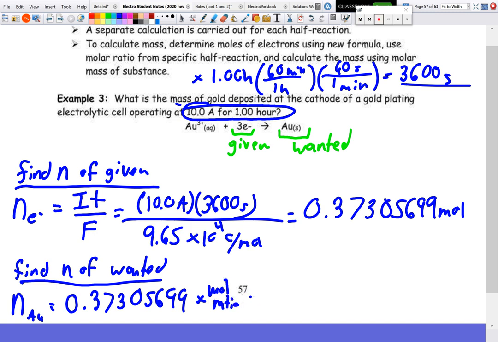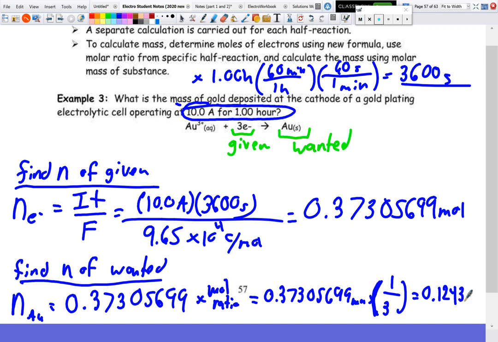Remember, mole ratio is wanted over given. Now, our wanted is gold, that's 1, over given 3. And we get the number of moles of gold. I just ran out of room there, so I couldn't finish that one off.